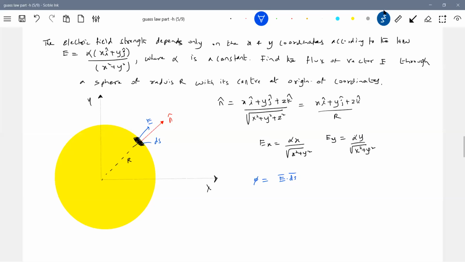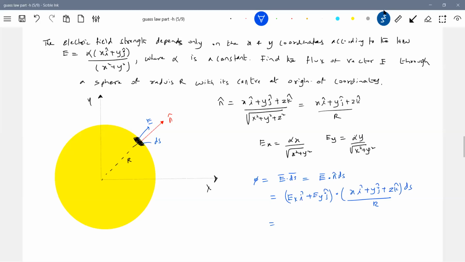d phi equals E bar dot n cap into ds. E bar is the x component of field plus the y component of field, dot n cap, which is x i cap plus y j cap by R. Just basic vector ideas.